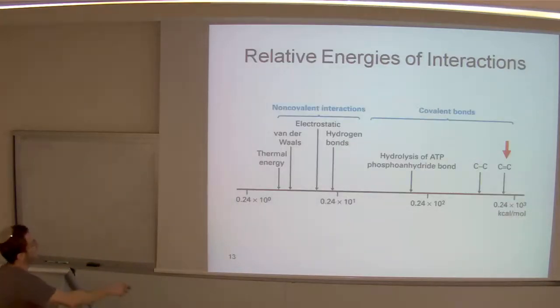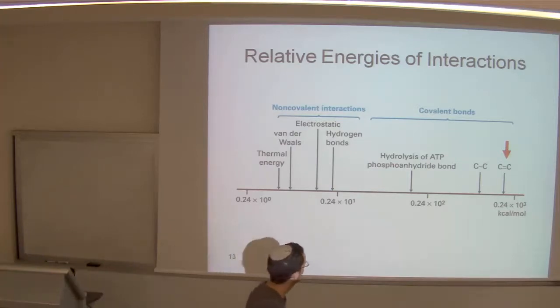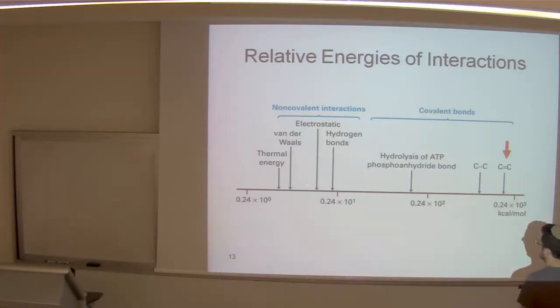Okay, this is the relation between the different bonds we've just discussed along an energy scale. The units here are kilocalories. Calorie is just an energy unit. You can read about it. And a mole, again, just read about it at home if you don't know the term, is Avogadro's number, which is simply a number.